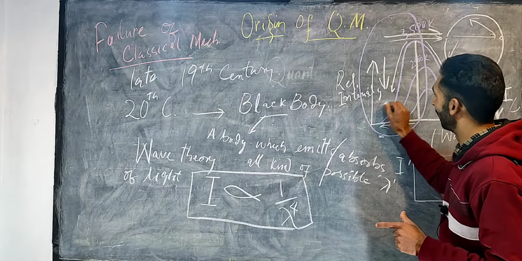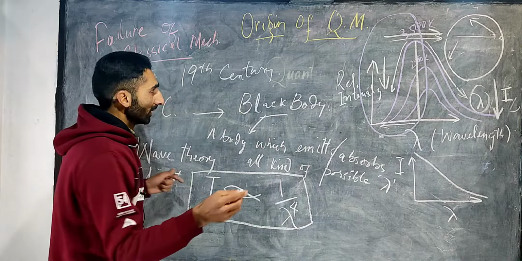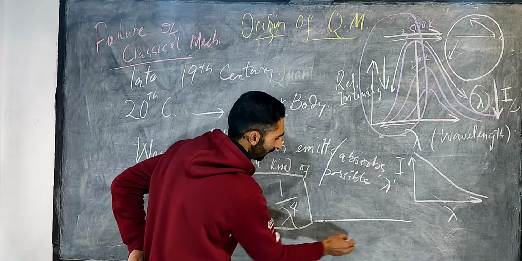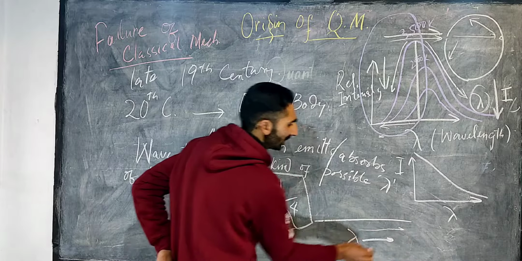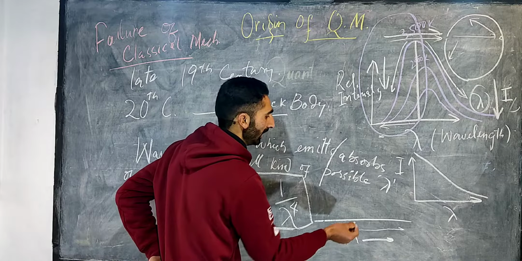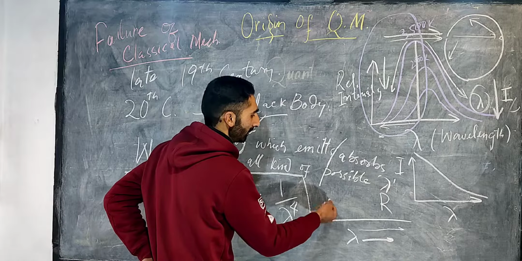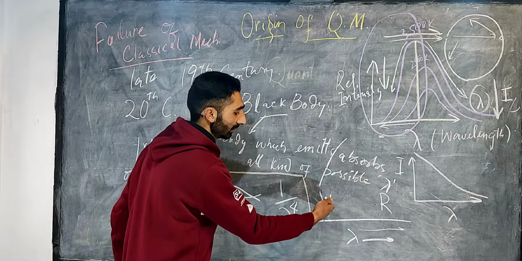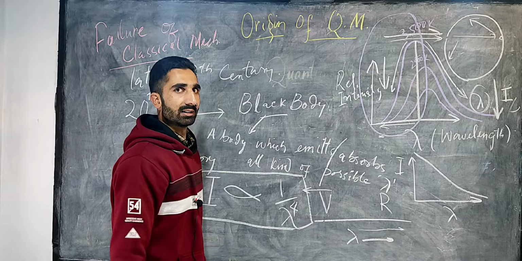So there was a catastrophe for the lower wavelengths. For example, if we consider the visible spectrum, we have the visible spectrum like this. If this is the wavelength on this side, with the increase in the wavelength, red is the light which has the higher wavelength, and violet in the visible spectrum has the lower wavelength, and lesser than that is the ultraviolet.